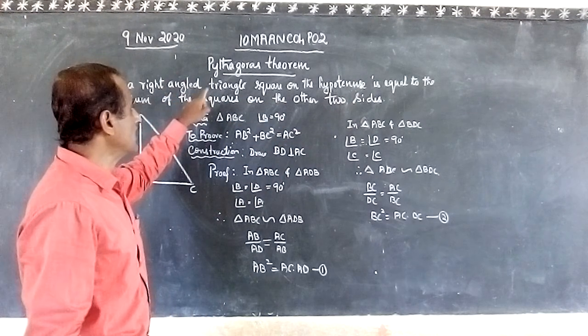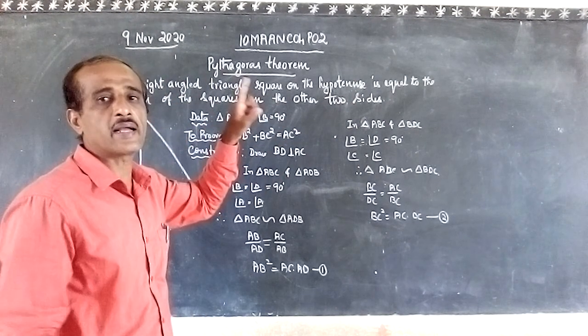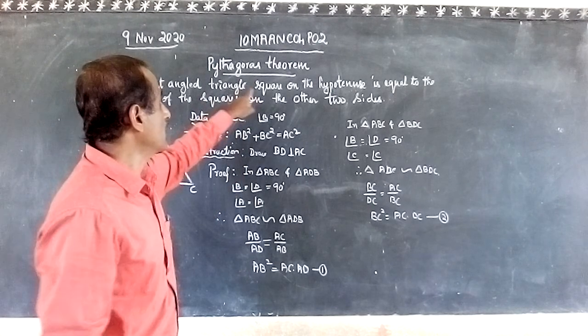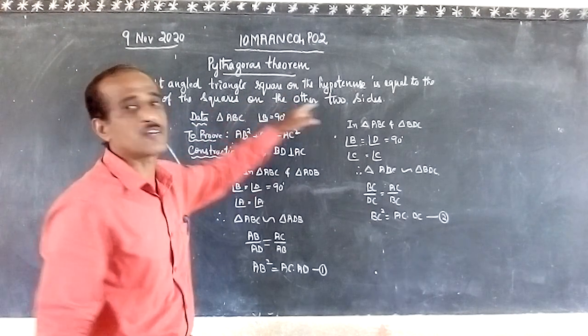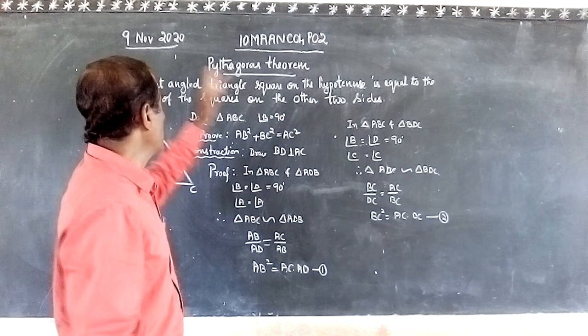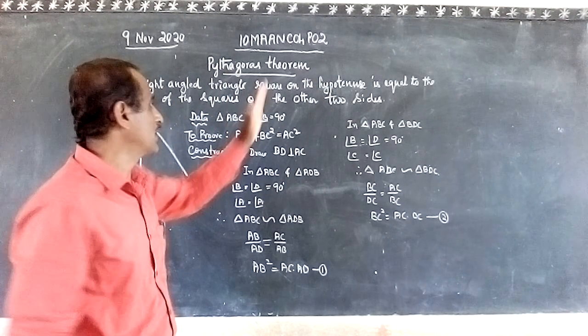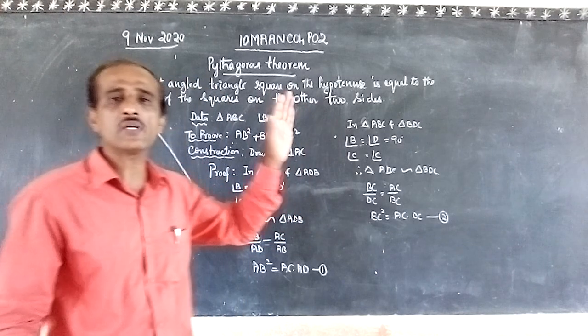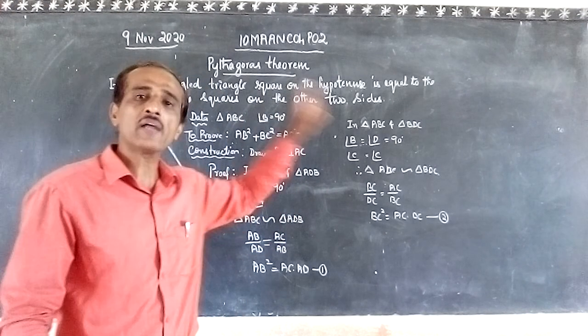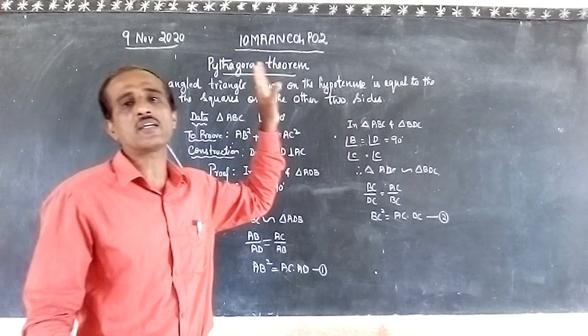In a right angled triangle means there should be a triangle. So a right angled triangle is given. That much only is given. What you have to prove is that the square on the hypotenuse is equal to the sum of the squares on the other two sides.